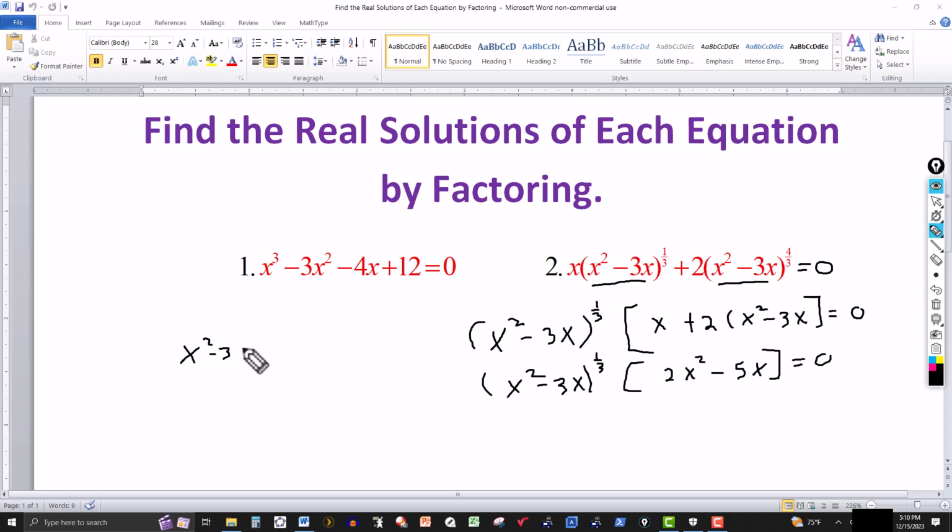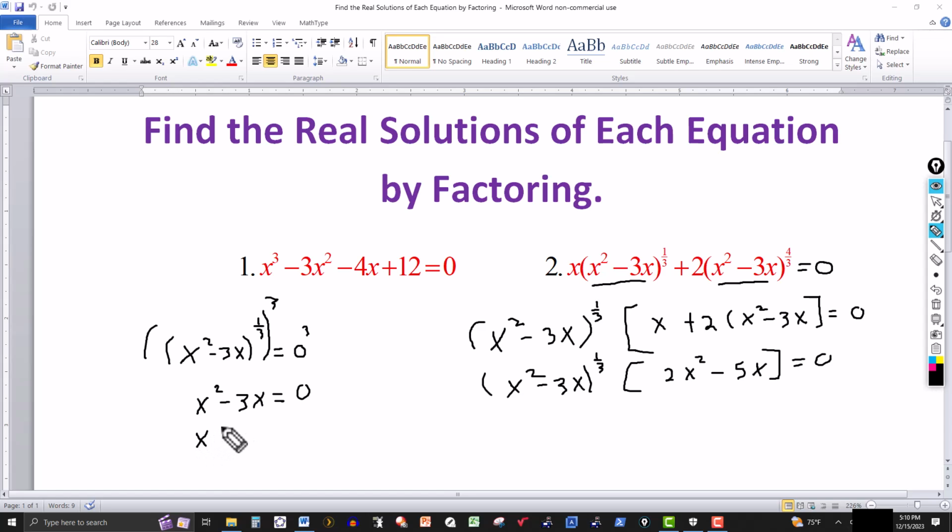So let's set the first one, the 1/3 power, equal to 0. Let's just cube both sides. We get rid of the 1/3 power. So cube this side, cube this side. This would just give me x squared minus 3x, and of course, 0 cubed is still 0.